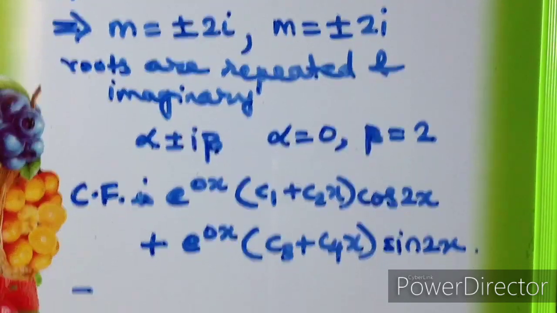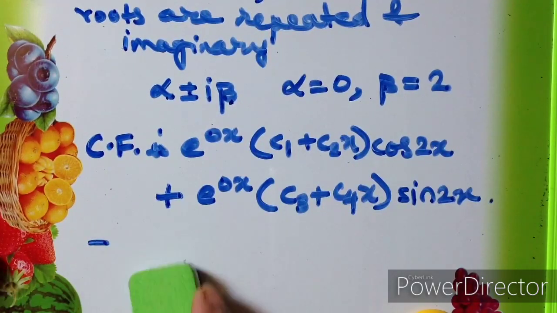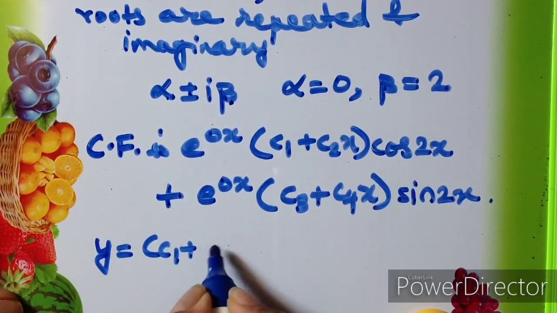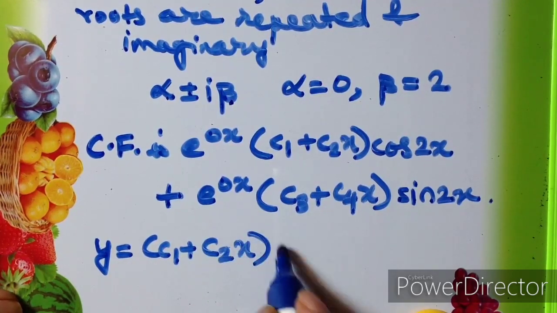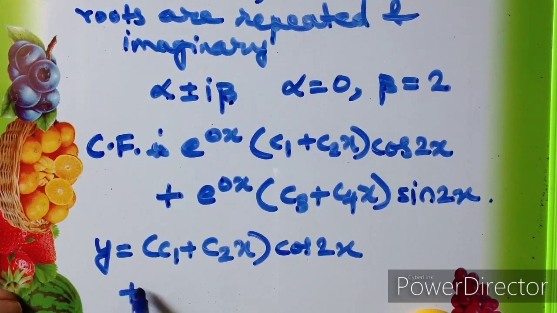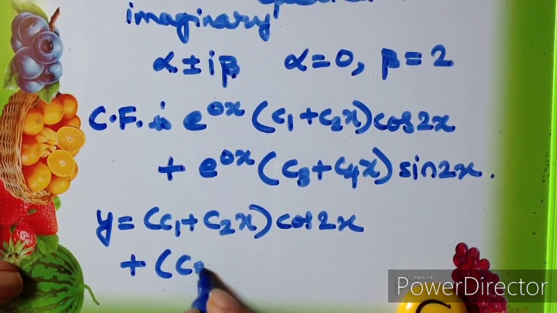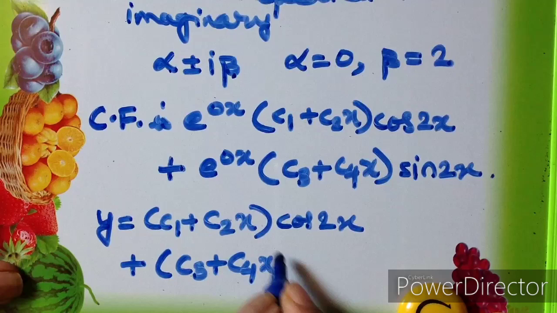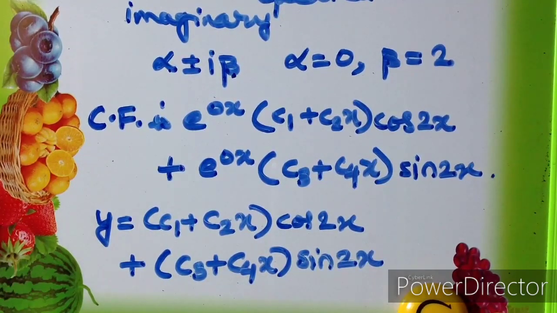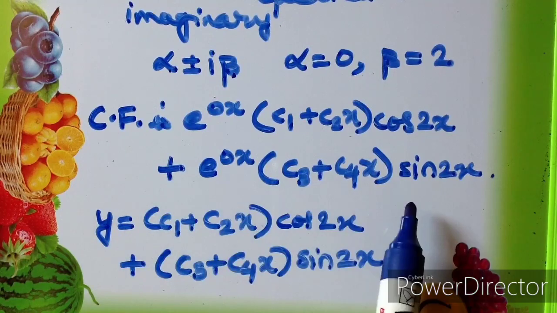Final answer we will just write: y is equal to c1 plus c2x into cos 2x plus c3 plus c4x into sine 2x, and that is going to be our final answer for this particular question.